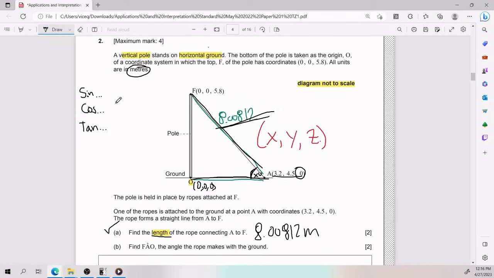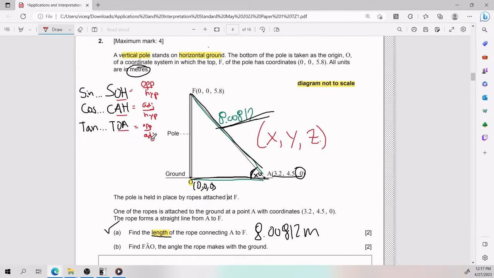I'm sure you've heard SOH CAH TOA. Now, what is this even saying? It's saying that for sine, you need OH. What is OH? It is opposite over hypotenuse. It's saying that for cosine, you need AH. AH is adjacent over hypotenuse. And OA is going to be opposite over adjacent.